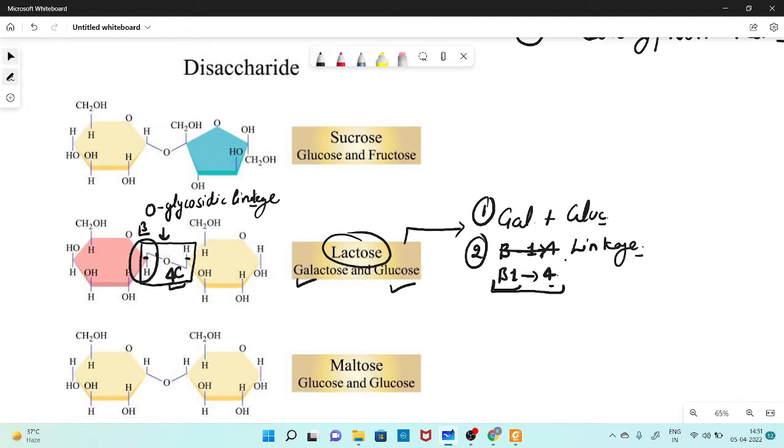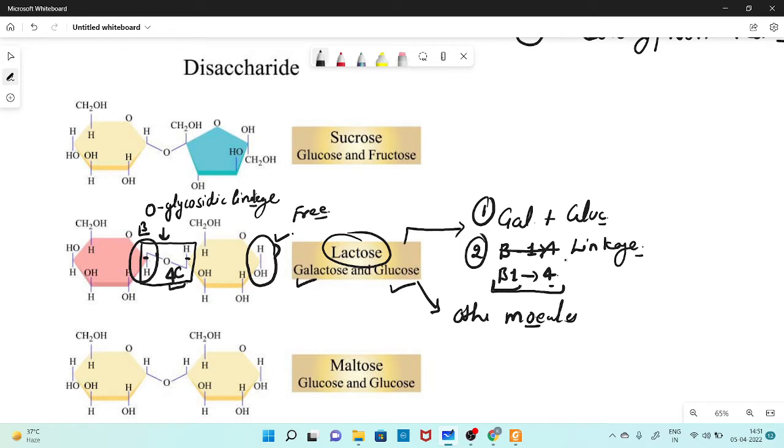The next thing is whether your sugar is a reducing or non-reducing sugar. Reducing means whether this lactose can react with other molecules, other sugar molecules, you can say, right? So if we see its structure, the anomeric carbon in this sugar molecule is free, right?